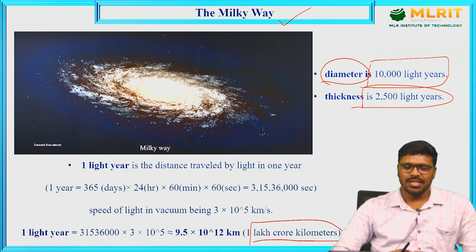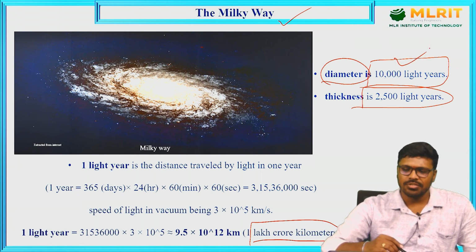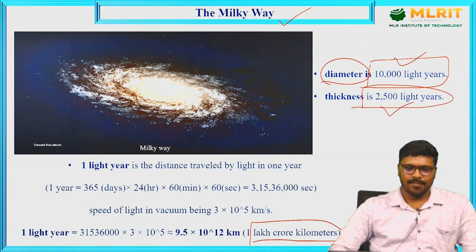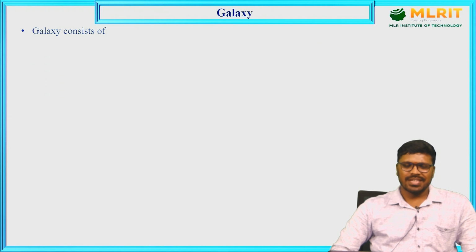Like this, there are n number of galaxies, around 100 billion galaxies in this universe. In that universe, Milky Way is just a galaxy which has a size of 10,000 light years diameter and 2,500 light years thickness. So, what does a galaxy consist of?